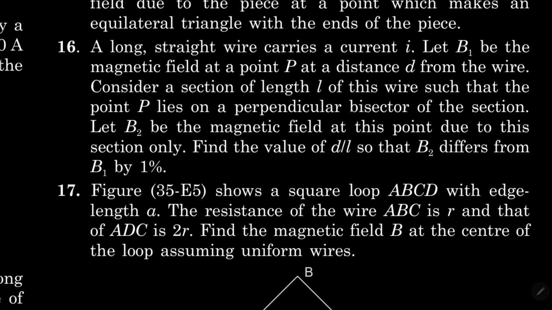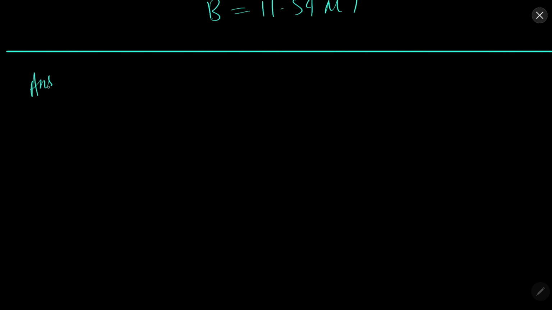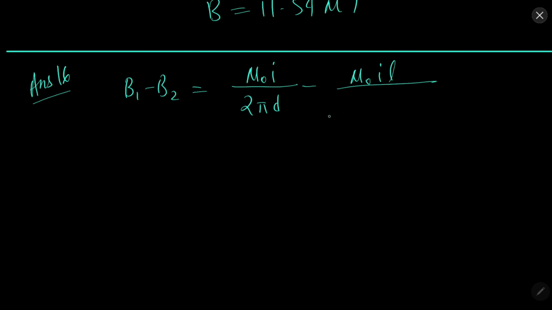In 16, find the value of d by L so that B2 differs from B1 by 1%. Solution 16. So B1 minus B2 will be mu naught I over 2 pi d minus mu naught I L over 4 pi d root (d square plus L square by 4), and this is equal to B2 by 100.